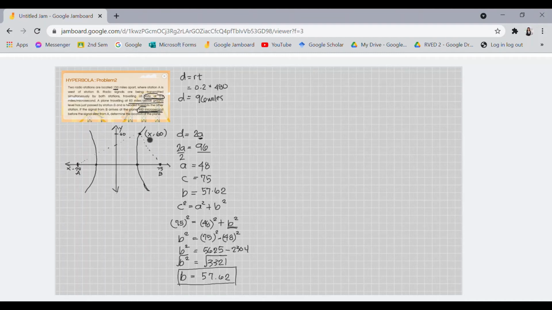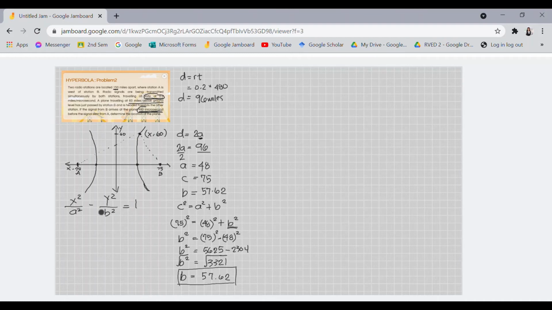To solve for this, of course, that is part of your hyperbola. You need to give a defining equation for this figure. This is a hyperbola with horizontal transverse axis. Therefore, its equation is x squared over a squared minus y squared over b squared is equal to 1.